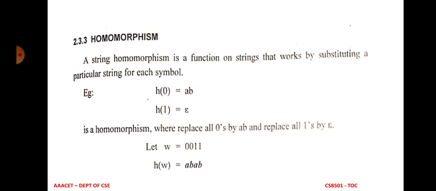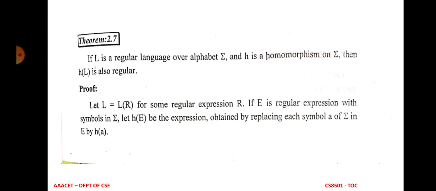So W is a plain input string. The homomorphism for the particular string, h of W, is equal to AB for the first 0, AB for the second 0, epsilon for the first 1, epsilon for the second 1, that is nothing, so we don't have to display that epsilon. So this is the homomorphism function.